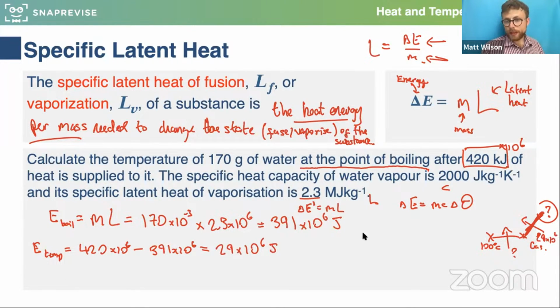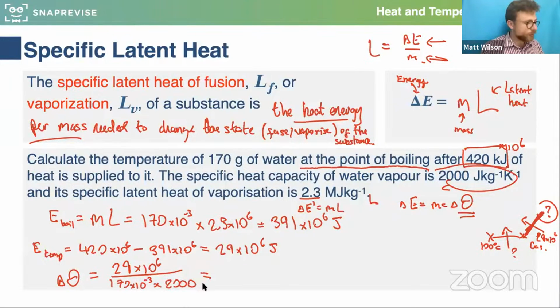So now we can calculate the change in temperature. The change in temperature is equal to the change in energy, which is 29 kilojoules, divided by the mass, which is 170 times 10 to the minus 3 kilograms again, divided by the specific heat capacity, which we had here. It's 2000. Okay, so chuck all of that into a calculator.